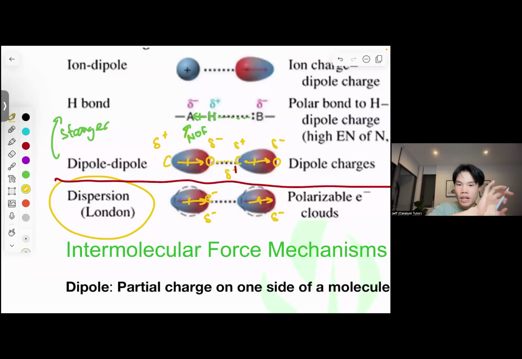And the opposite side of that same molecule would have an opposite charge because it essentially lost its electron density. It has fewer electrons than the right, which results in a positive charge. And the same thing happens in both. And dispersion, therefore, is the attraction between those positive and negative dipoles. Hope that makes a bit more sense.